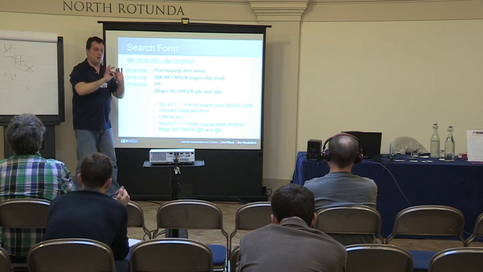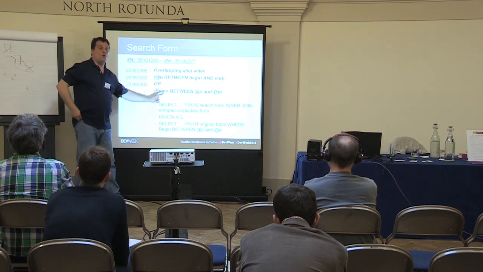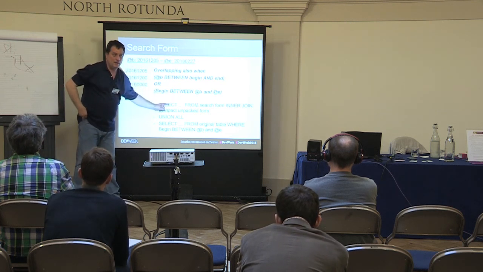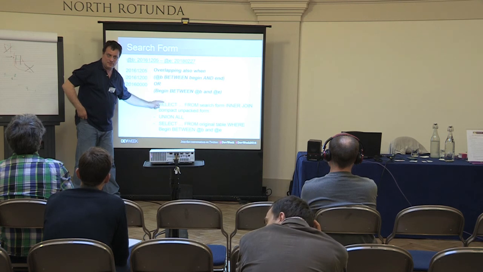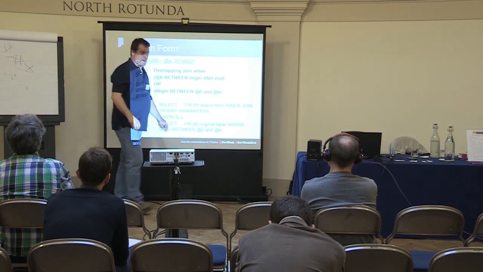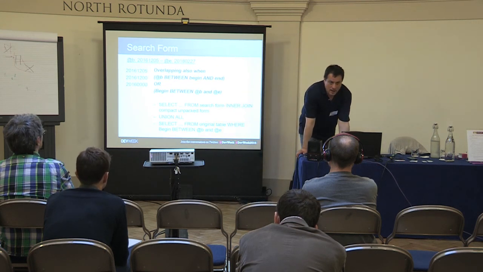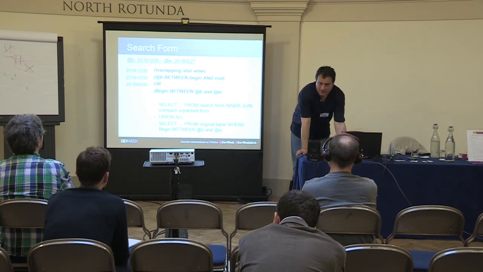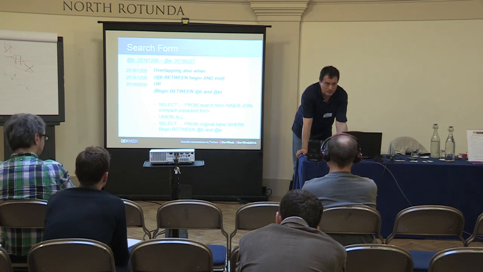And then I have to union the results of this query with a simple select on the original table. Now this one has a single predicate on begin, so it efficiently uses an index. It simply means that such a query should be extremely efficient, and you can have a compact unpacked form even for very, very large intervals on a very detailed level and still have a reasonable amount of rows.